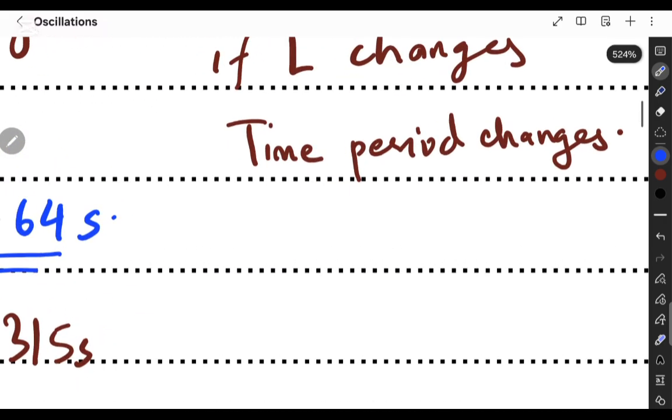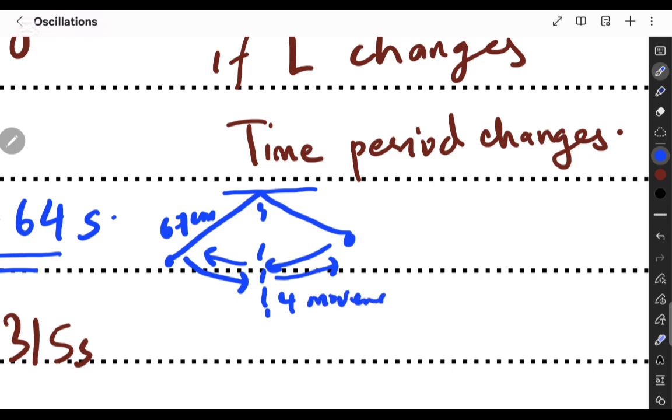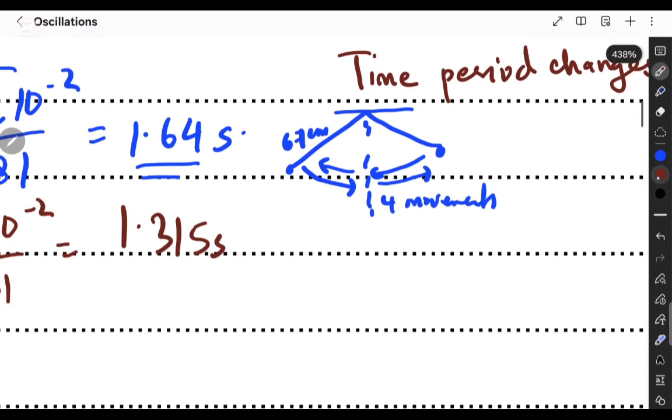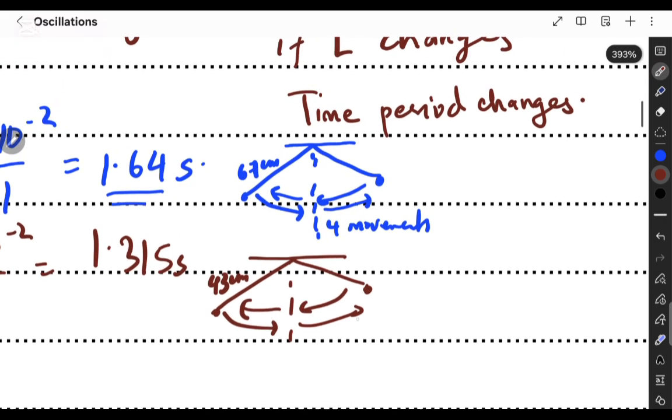This tells us that if the length was 67 centimeter, then the oscillation would go like this, then come back, so 4 movements. And this time period tells us that if the length was 43 centimeter, then we'll go like this, like this. So it's always 4 movements for a complete cycle.